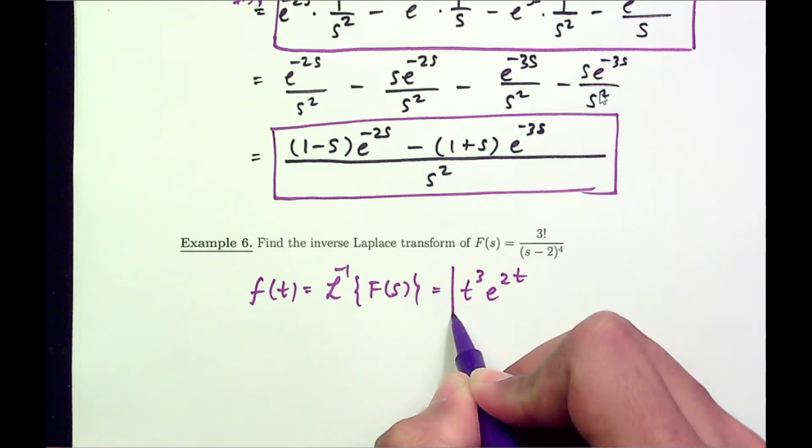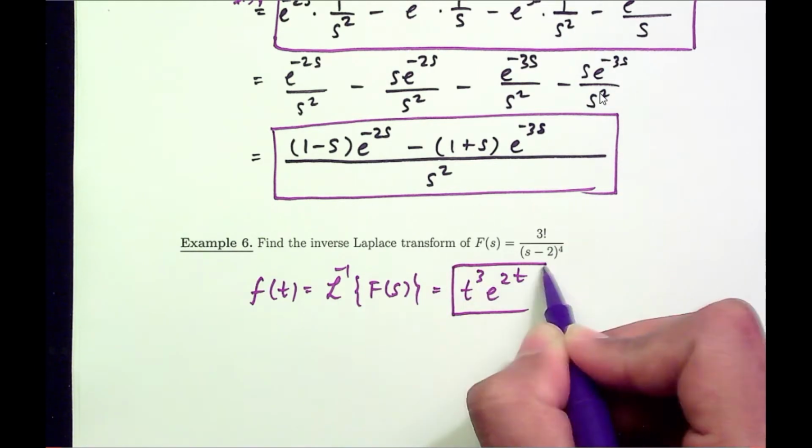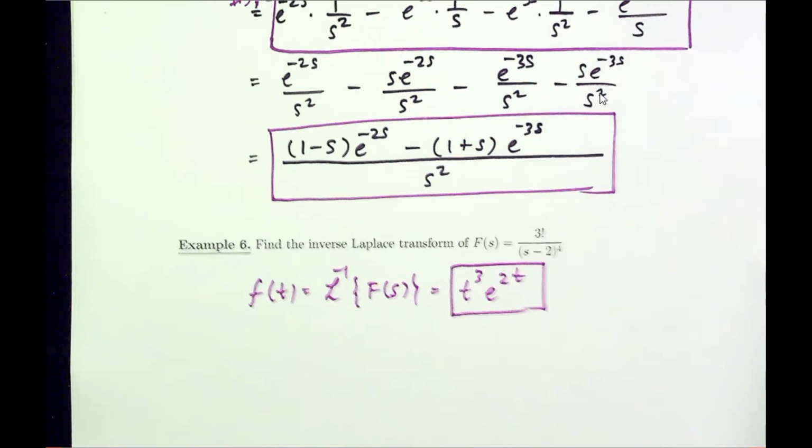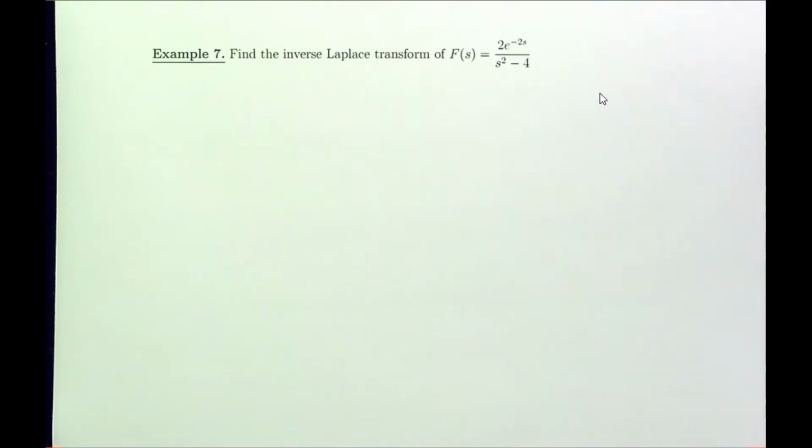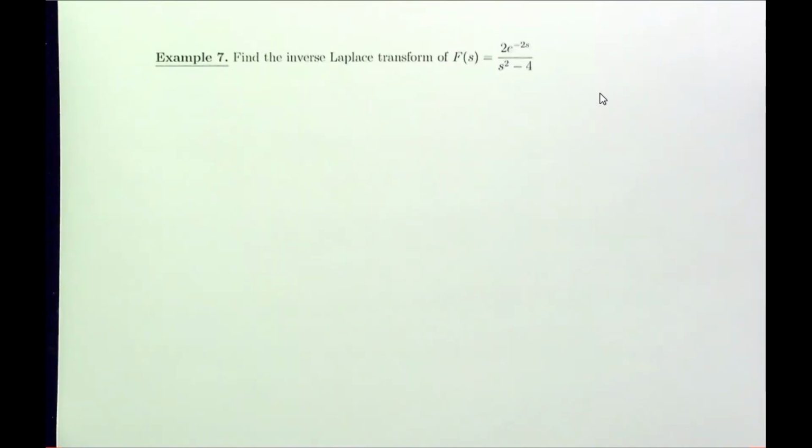Now we're going to do some examples that are not so easy. That means you cannot really find them right away on the table of Laplace transforms. So here's this one. But this one is still not too bad.